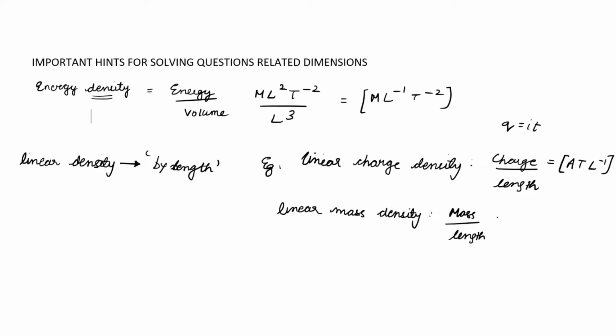Make sure that you do not commit such mistakes and have a clear understanding of what we mean by linear charge density, linear mass density, energy density and so on. There are some words like this where you should know what they actually mean. When you know this, the dimensional formula becomes extremely easy. Now let's move on to solving our very first question.